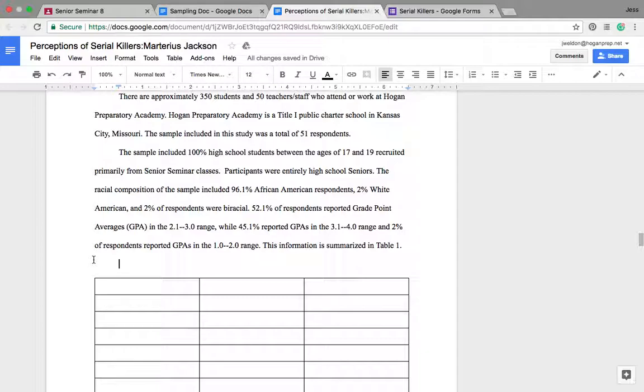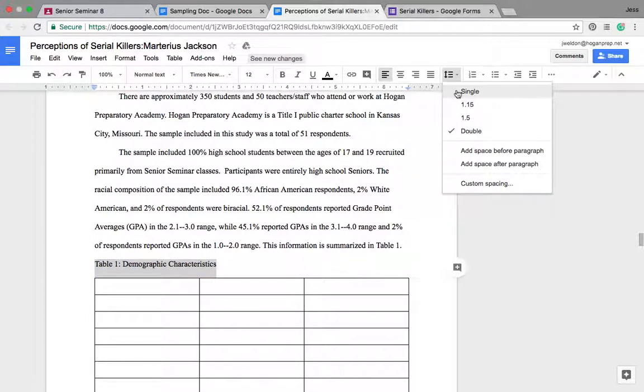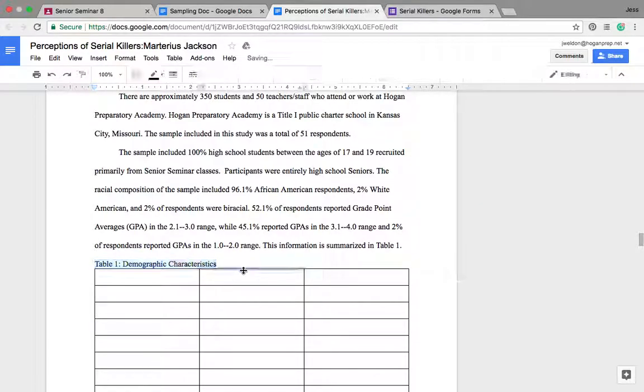Before you do anything else, label your table. Label the table. It's going to be called table 1. Then put a colon, demographic characteristics. I'm going to be honest with y'all right now. I am not 100% confident that this is the correct way to label a table.